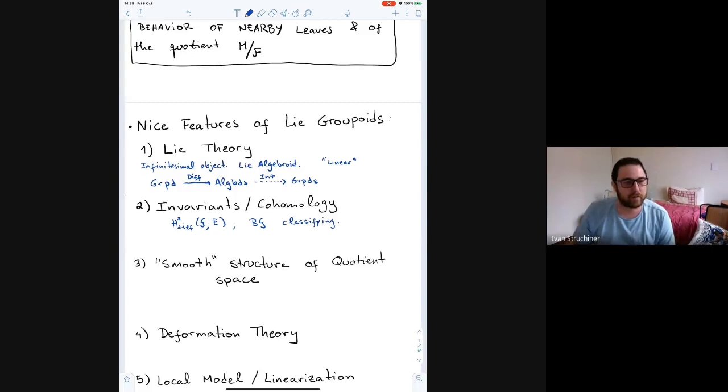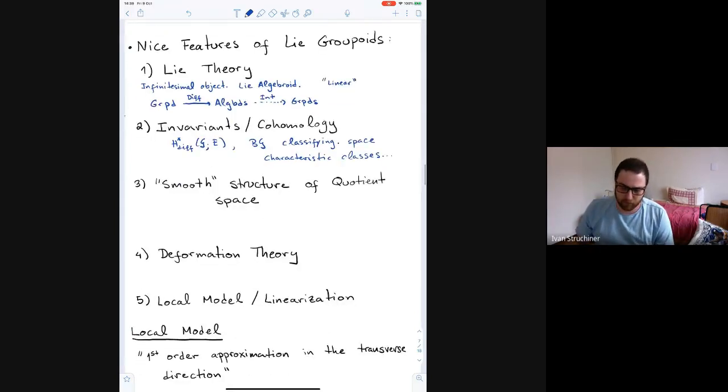Using the classifying space, you can talk about characteristic classes, and so on. There are invariants that you can easily attach to Lie groupoids. So for example, if you knew a Lie groupoid associated to a singular Riemannian foliation, this would give you invariants of your singular Riemannian foliation.